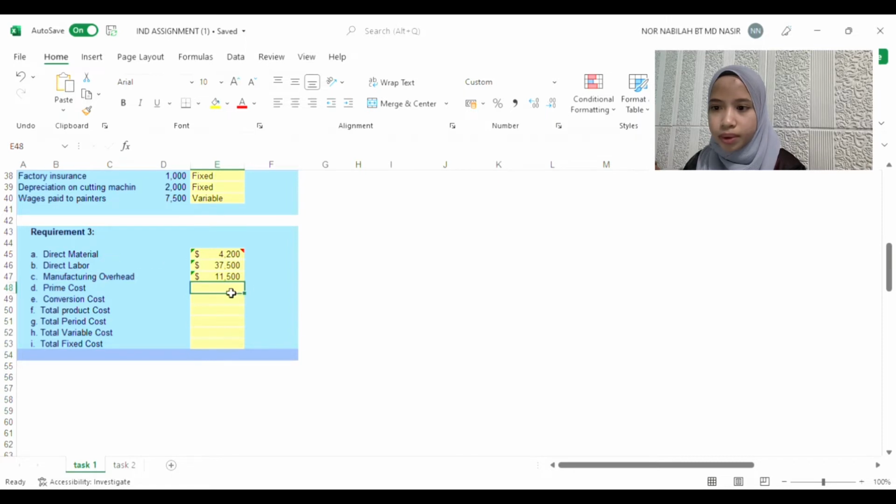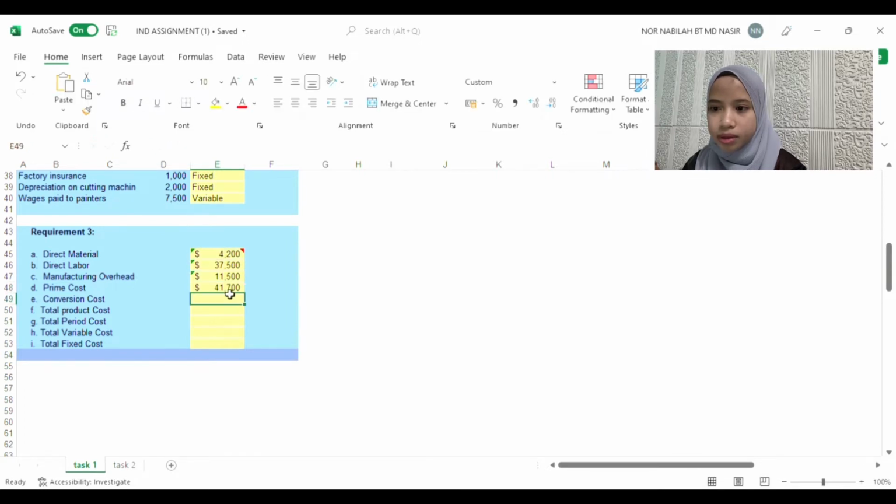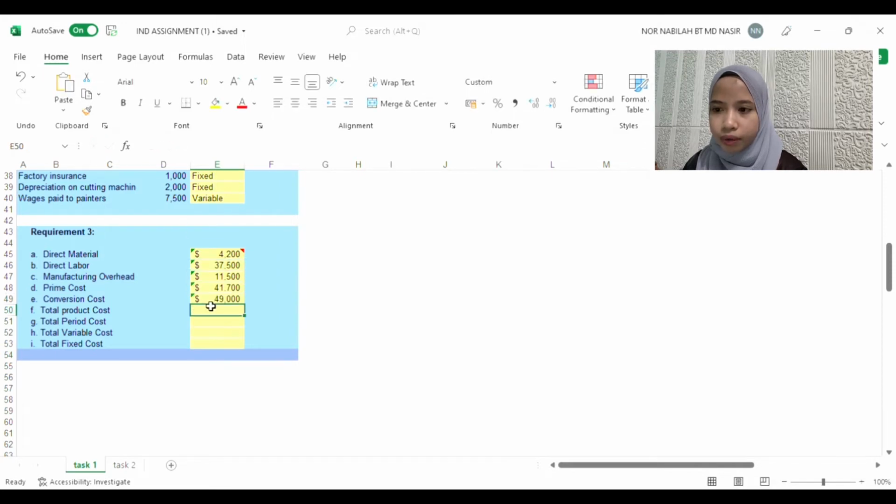So for prime cost, we add the direct material and the direct labor. So we take the amount 4,200 plus 37,500, and then the amount is 41,700. For conversion cost, we add direct labor and manufacturing overhead, 37,500 plus 11,500.